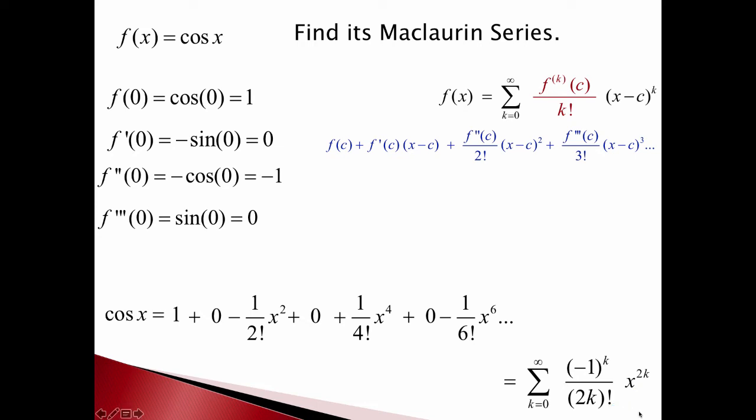That's my pattern. Now, on an exam or on the homework, do you have to guess the pattern? No, because usually there's not a nice pattern, and usually it's not something that you can figure out. But for cosine and for sine, in just a second, there's an obvious pattern, and I'll just tell you how it works. But you do have to memorize this formula, because there'll be lots of examples, we'll see some later, where you might want to find the Maclaurin series for, say, 3 cosine of x to the 4th power.